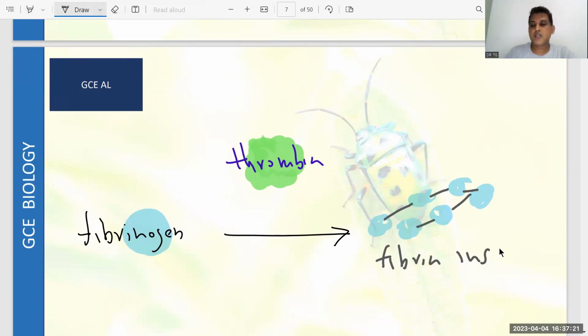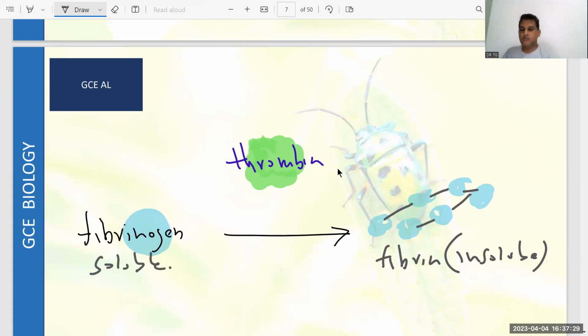This is insoluble. This is soluble. So this conversion is done by the enzyme thrombin. Thrombin converts fibrinogen into fibrin.